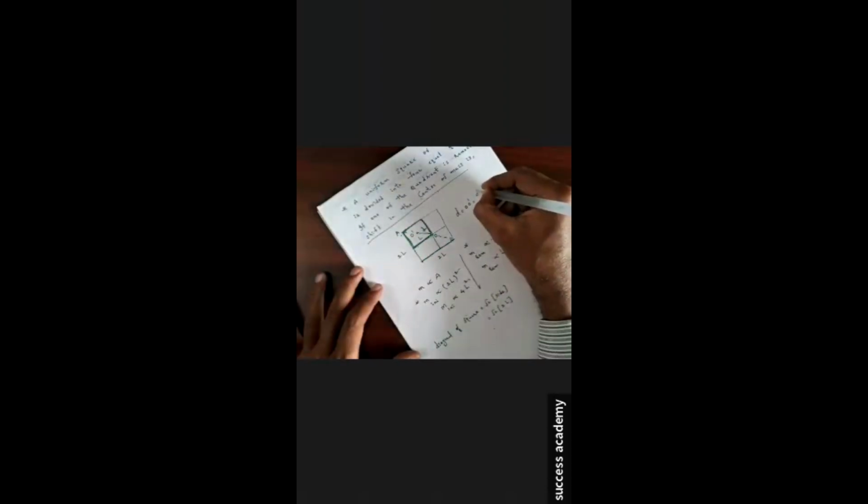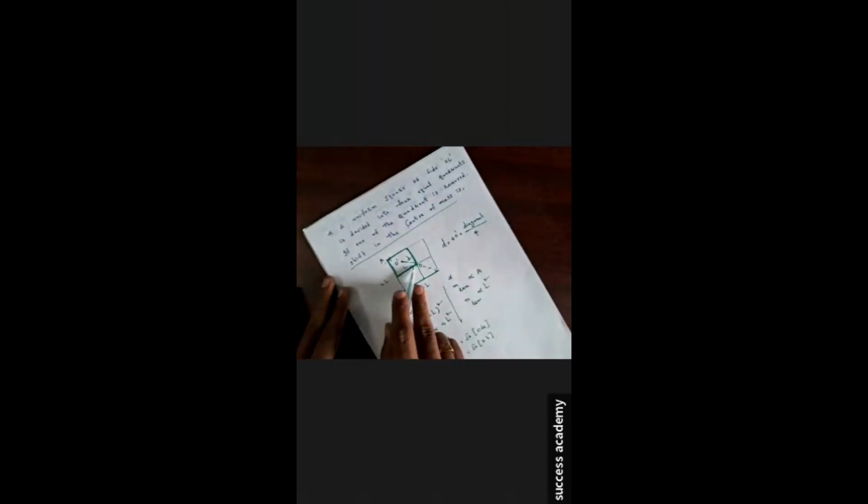Small d is nothing but from O to O dash. This is half of the half diagonal. It means d is equal to O O dash, and that is diagonal by 4. Half the diagonal means diagonal by 2, and again half of that is diagonal by 4.